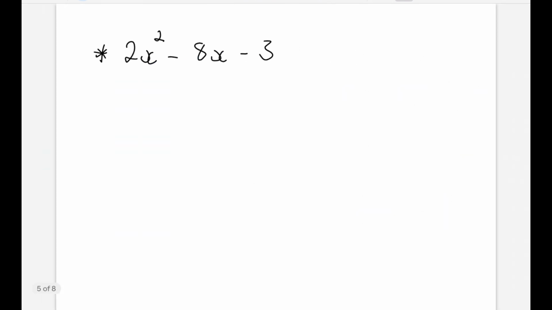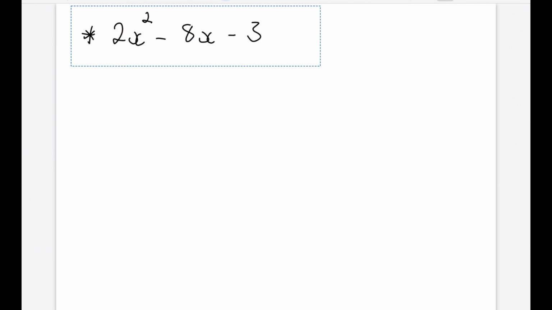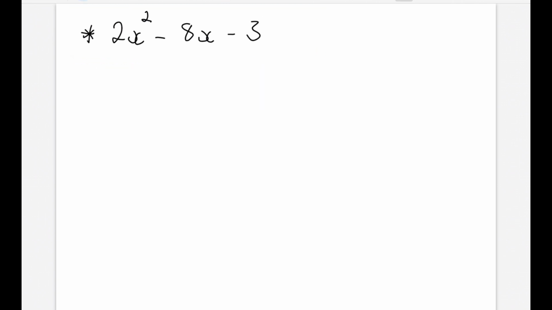Now, let's look at an example where a is not 1. So here we have 2x squared minus 8x minus 3. Now, to complete the square here, you're going to take 2 as a common factor. You always take a as a common factor if a is not 1. This leaves us with x squared minus 4x minus 3 over 2. Now we can complete the square in there. Okay.